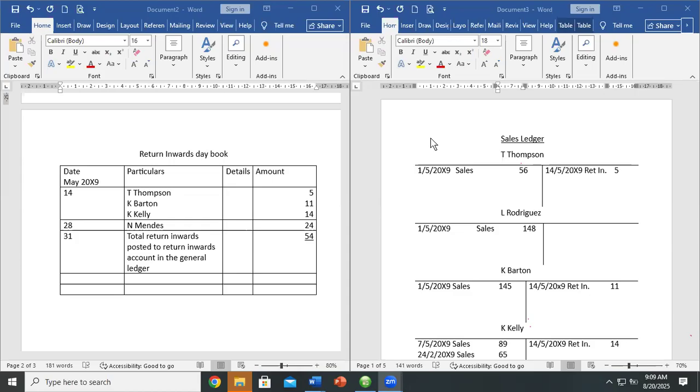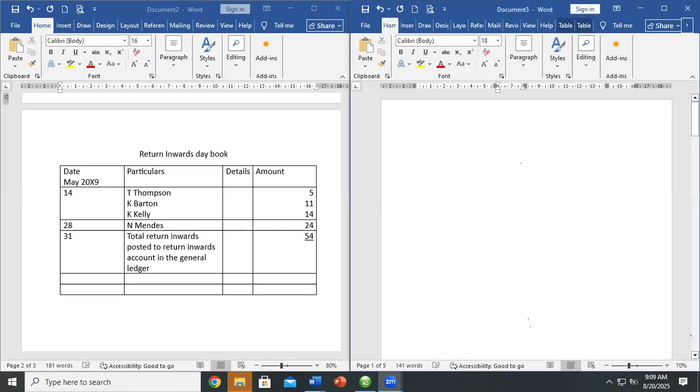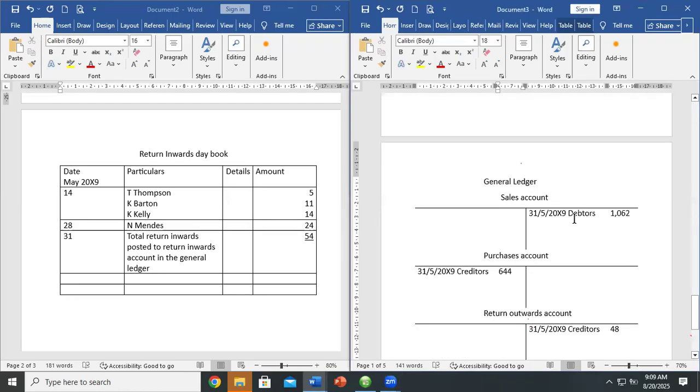You see that in the general ledger, what you bring there is the total, right? So it saves you the stress of individually writing T. Thompson, whatever. You remember when you are doing the double entry and preparing the account, when you sell goods, you debit the person and you credit sales.